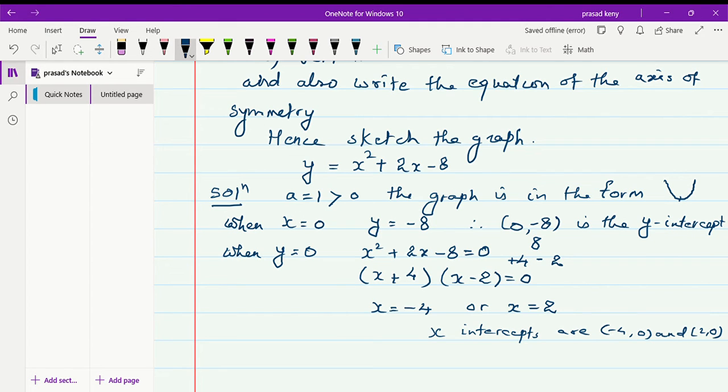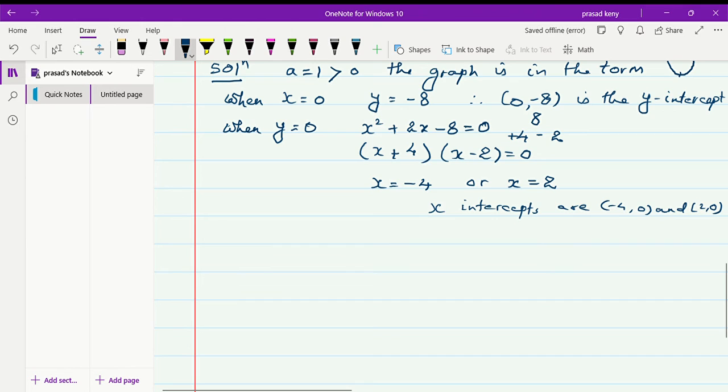Now next we'll determine the turning point of this graph or the vertex of the graph. To determine the vertex, we will use the completing square method that we have already seen while solving the quadratic equations.